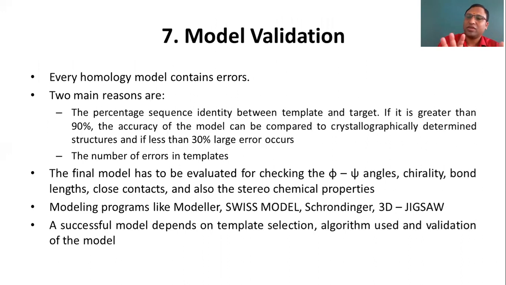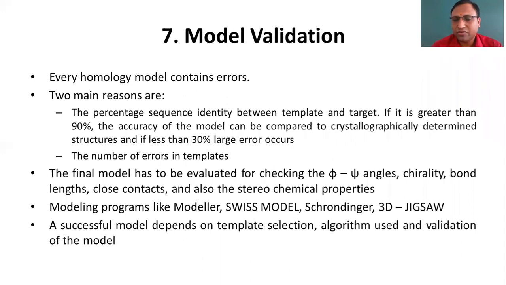Then after finishing everything, model validation has to take place. Every homology model contains errors. There can be error because it is not from the same sequence. We are taking a template which we align, and we take a minimum percentage of identity, say more than 30% identical, only then do we take it for modeling purposes. That is why error chances are always there.